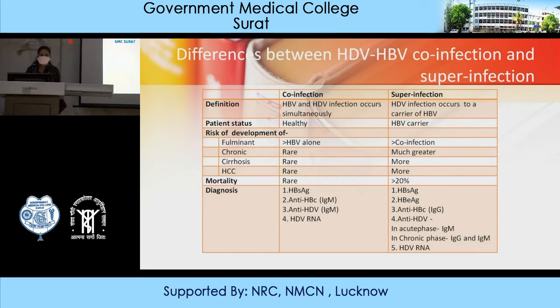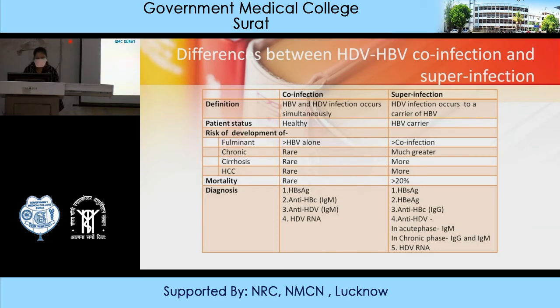Risk development: fulminant hepatitis is more than hepatitis B virus alone. Chronic is rare, but in superinfection, it is much greater. Cirrhosis is rare, while it is more in superinfection. Hepatocellular carcinoma is rare, while it is more in superinfection. Mortality is rare, while in superinfection, it is more than 20%.